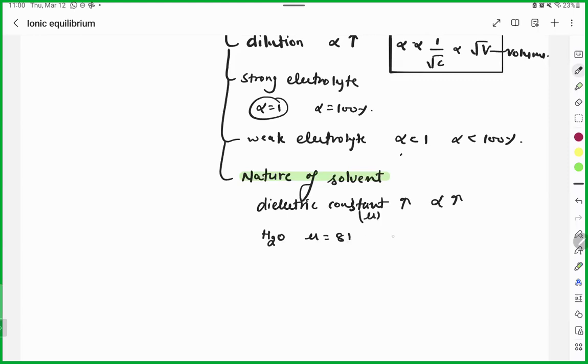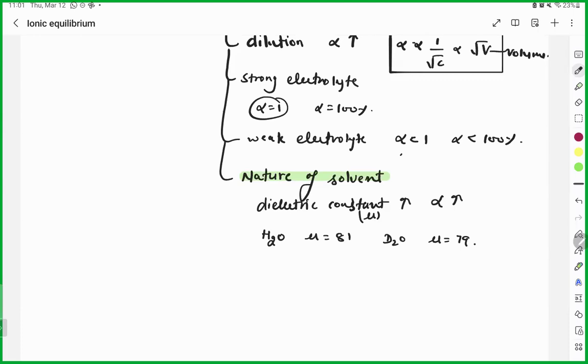If you take D2O, which is heavier, then your value is less. Less value, less alpha, less breakdown. More value, more alpha, more breakdown. Any doubt?